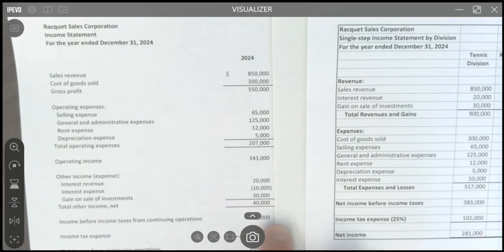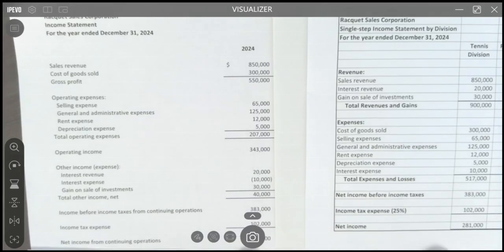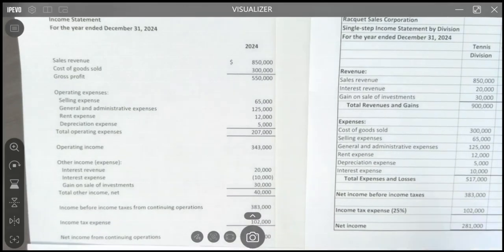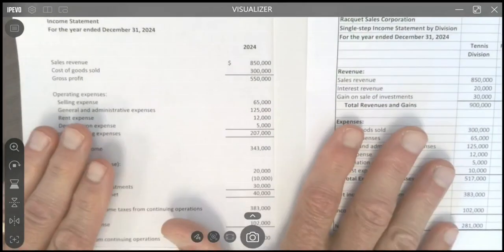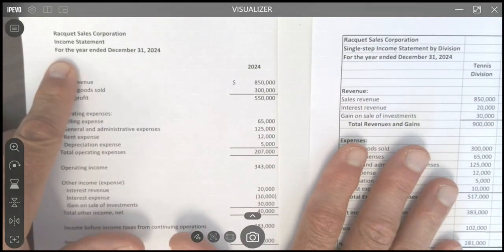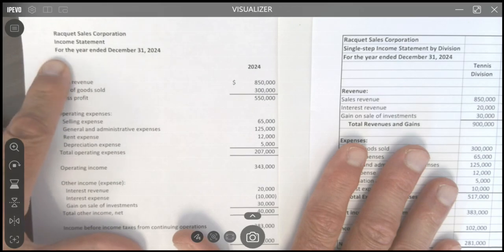That gave us $383,000 of net income before income taxes at the tennis division, and income taxes at the tennis division was $102,000, which gives net income from continuing operations of $281,000. Now we have done the continuing operations section of the income statement. And by the way, see, I have that same title on the financial statements.